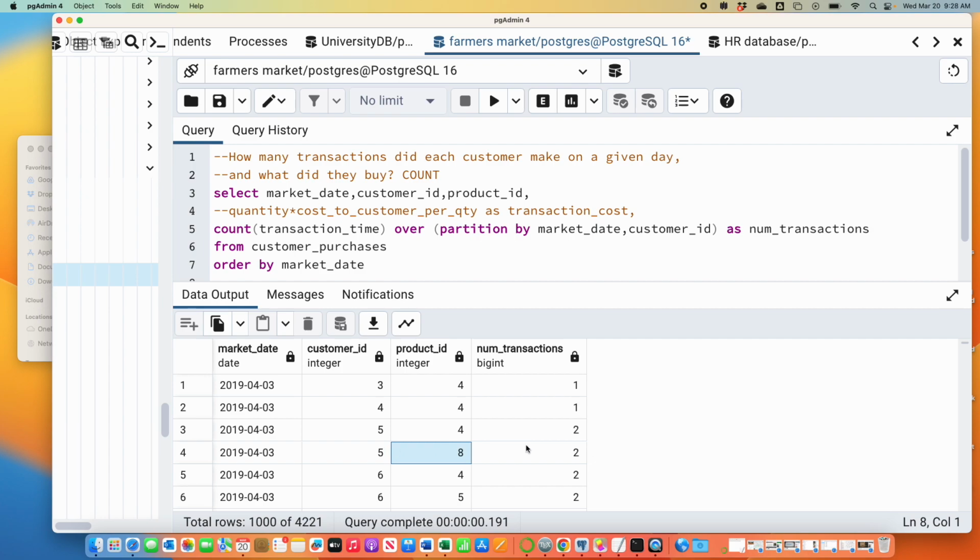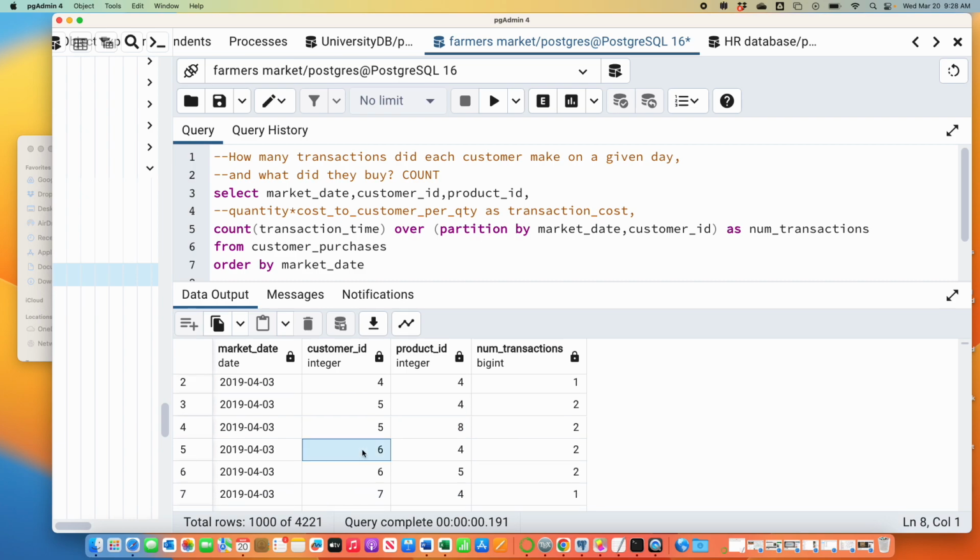You see that? With group by, you lose that information. And for customer 6, we can see they bought product 4 and then bought product 5. That's why there's 2 2s there. So these columns we're creating have some repetition in them, which might annoy you, but the repetition is needed if you want to see this kind of information over here.